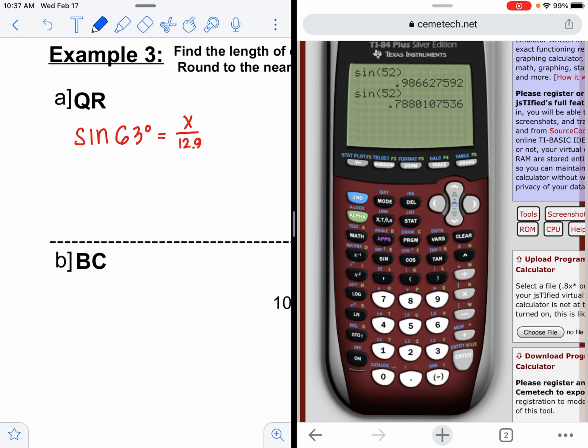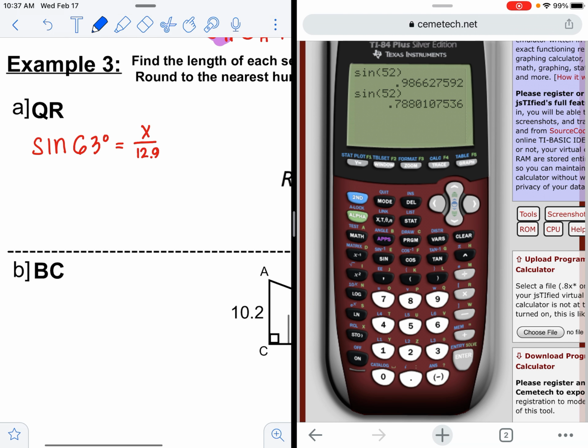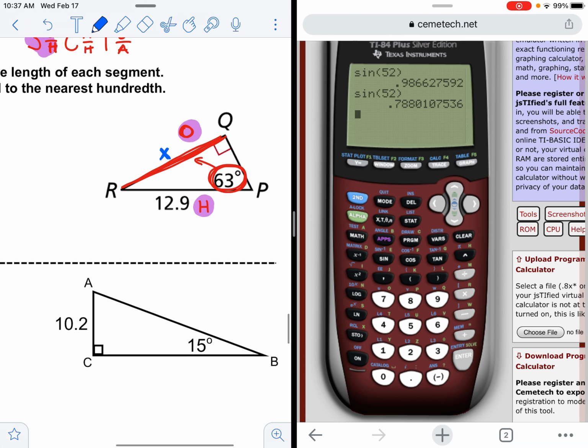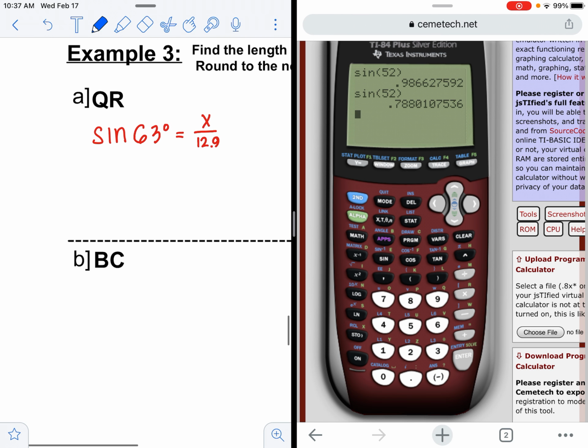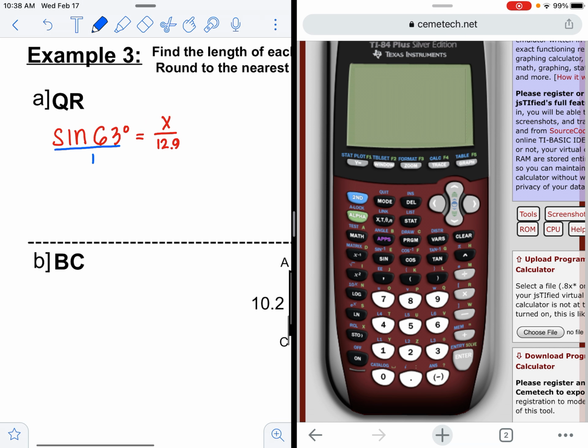All right, now I need to solve this equation. Because we're expanding off of this later, I'm asking you this question now. Am I solving for a side or an angle? You're solving for a side. Since you're solving for a side, you cross multiply. You're going to put this trig function over 1, and you're going to cross multiply. 1 times x is x equals, and then these two multiplied.